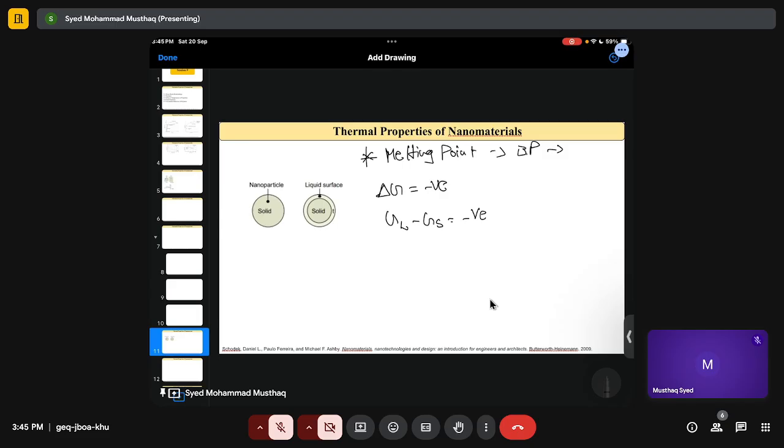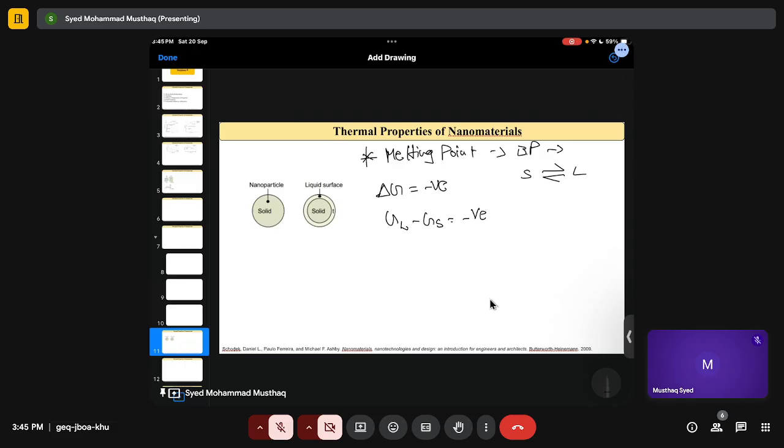Then only the solid will convert into liquid. We are only considering the pure case, not alloys for now. Let's just consider a pure gold nanoparticle.